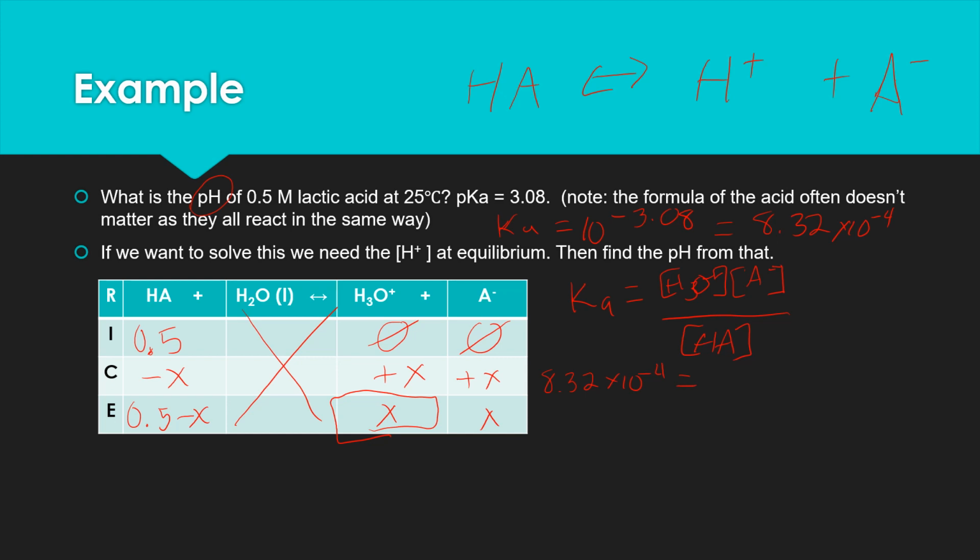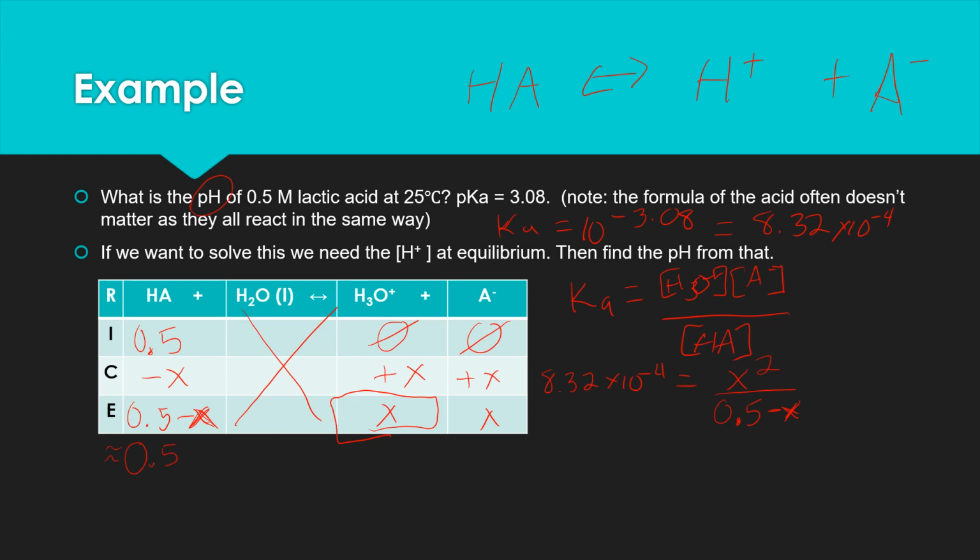On the products, on the top I have X and X, so X times X is X squared. And then on the bottom I've got 0.5 minus X. Now, we can already see that our Ka value is relatively small. What that allows us to do is just like we did in our last unit, where we could say that my X value here is going to be so small that no matter what, this is still going to round to basically 0.5.